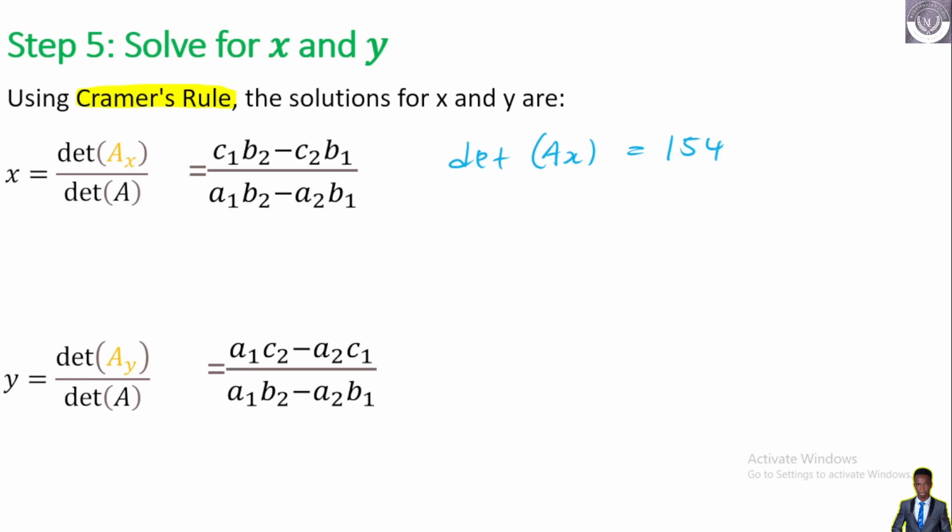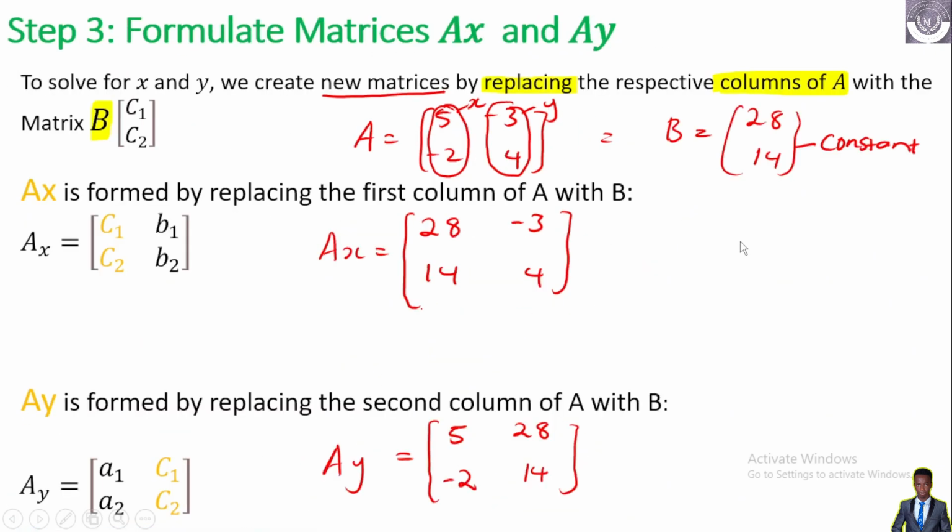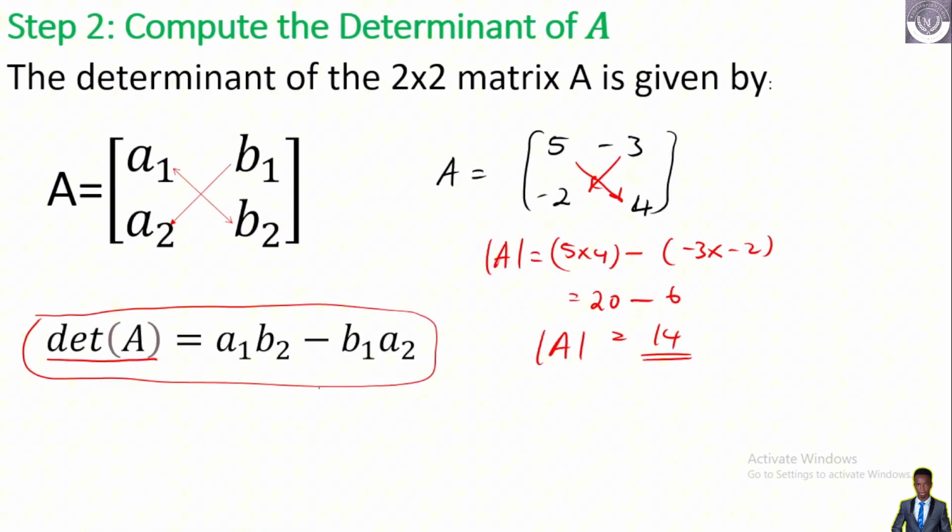And the original determinant now, remember the original determinant is the determinant we have for the A matrix, that is this one, 14. The A matrix is the coefficient of the variables.